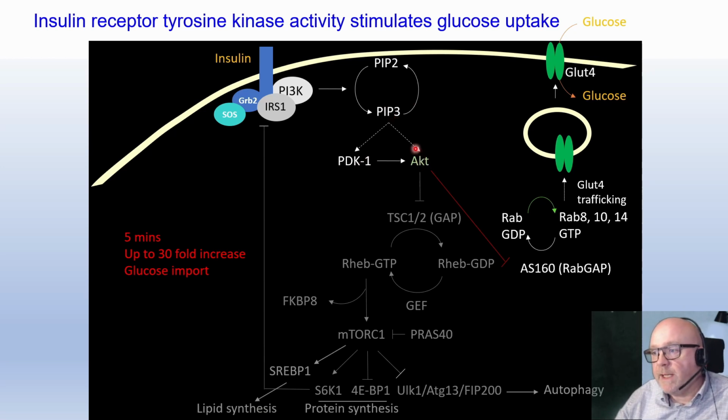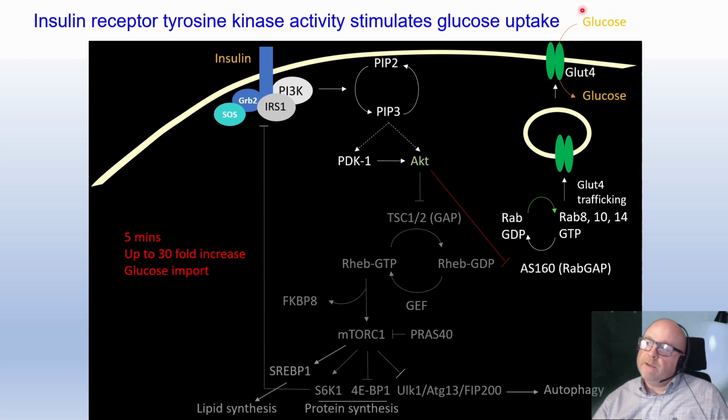PDK1 phosphorylates AKT, which indirectly leads to the trafficking of GLUT4 receptors to the cell surface, allowing glucose to come in. And following release of insulin, within 5 minutes in insulin responsive tissues, we see up to a 30-fold increase in glucose import. So it's a rapid response.